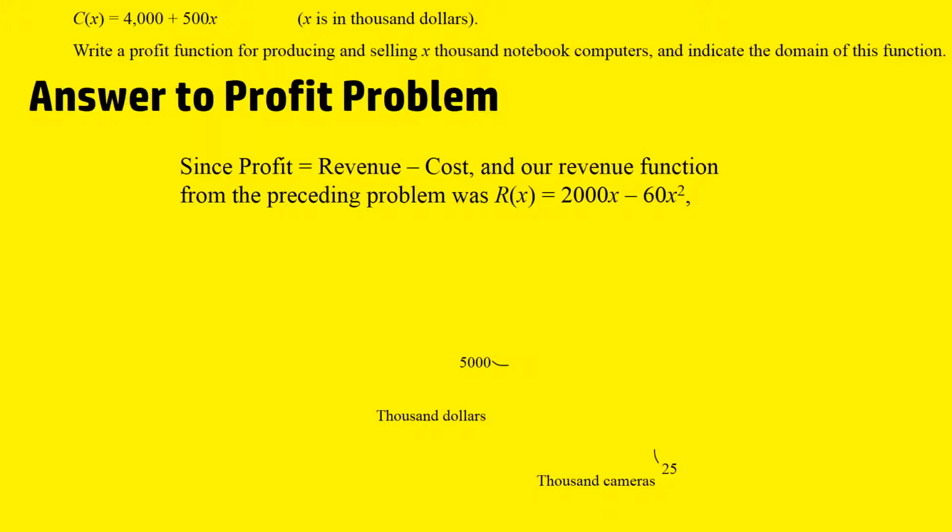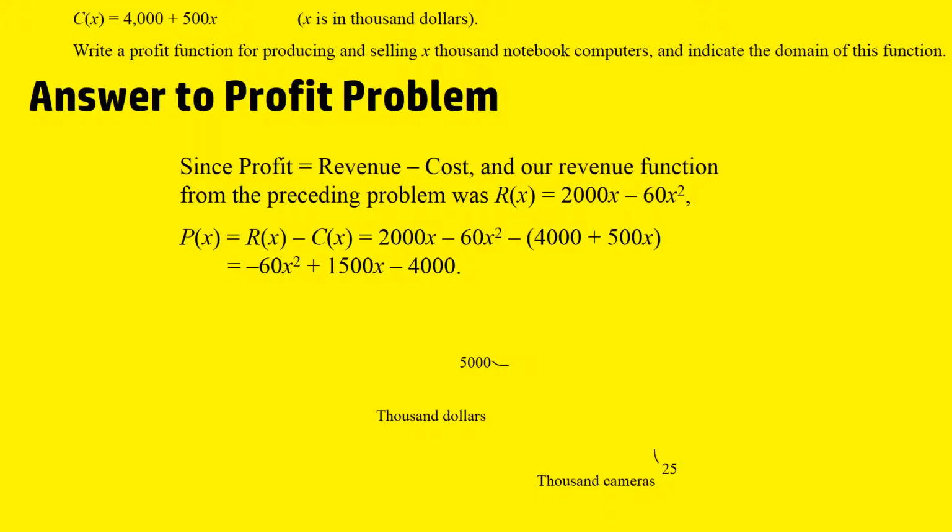Since profit equals revenue minus cost, and our revenue function from the preceding problem, 2000x minus 60x squared, is the revenue. Of course, all of those things are a function of x. So when we say P equals R minus C, well, P of x equals R of x minus C of x.